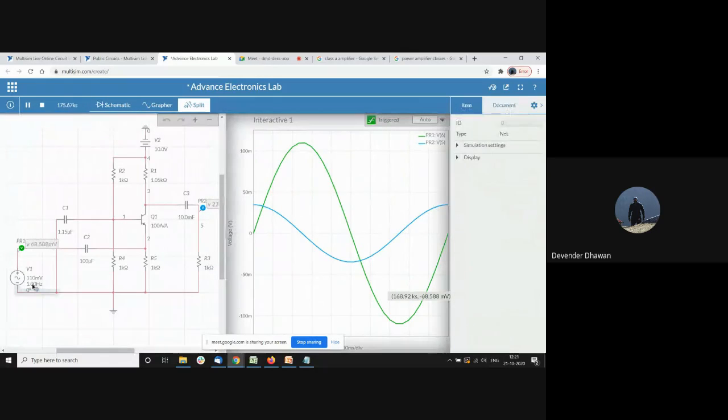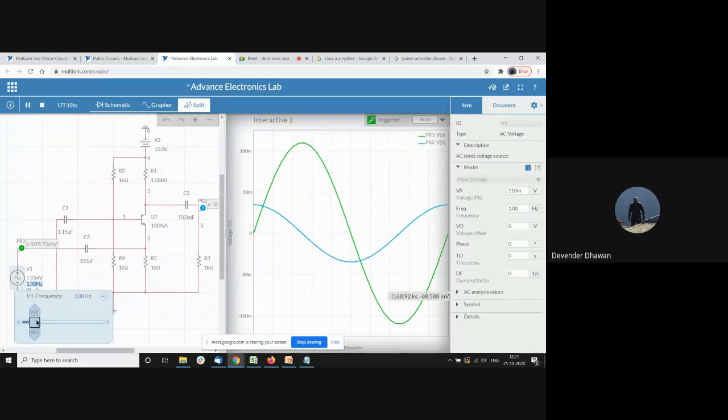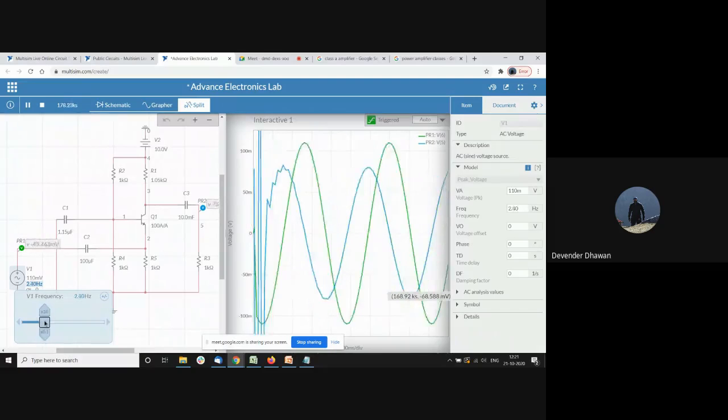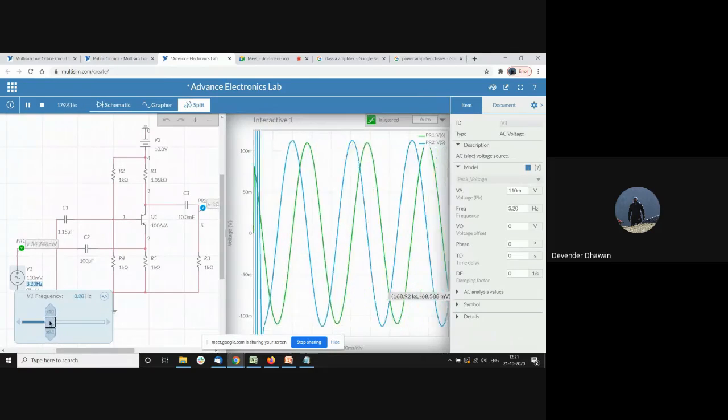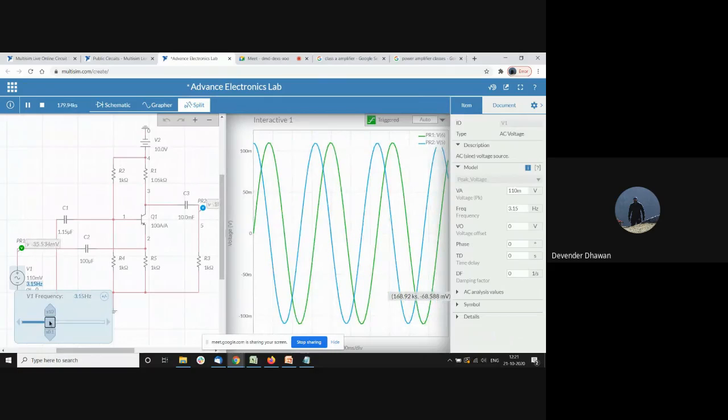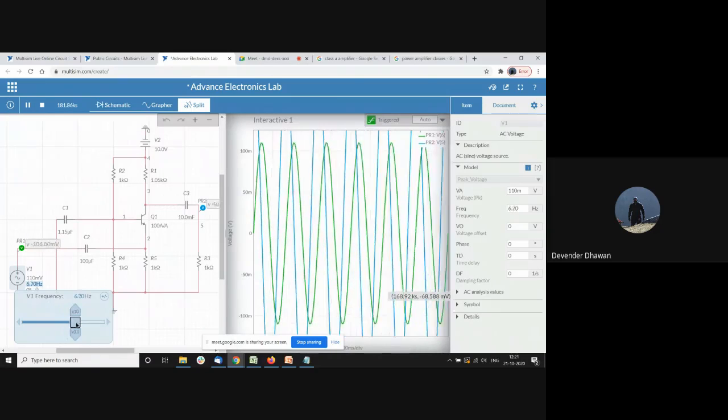Okay, so let me increase it some more. You can see that. Okay, so it has surpassed now. So now you see we are roughly at 3.15 hertz, and it is almost same as my input. So now it will surpass it.